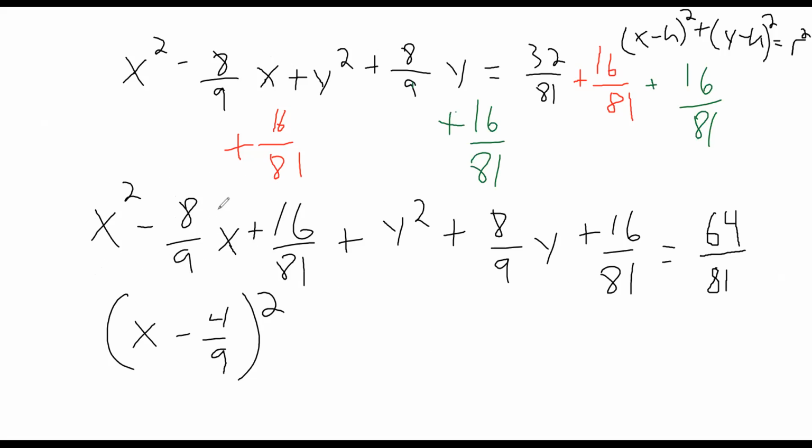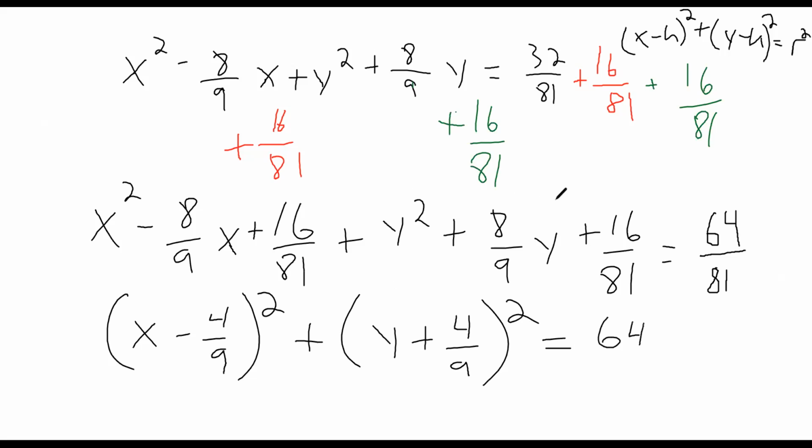So this was the whole reason we went through that song and dance, because it creates a perfect squared trinomial. The y's here also create what we call a perfect squared trinomial, only it's y plus 4/9 in this case. And all that is equal to 64 over 81.